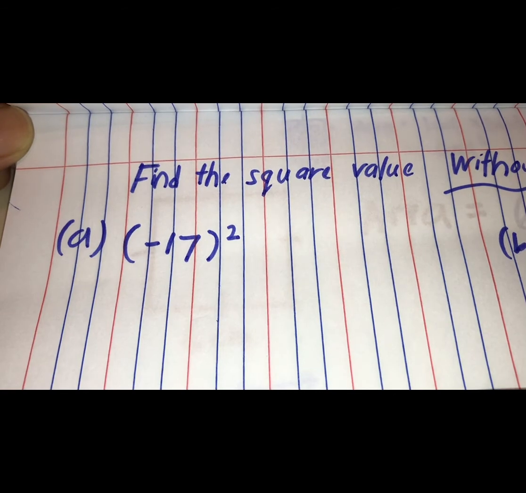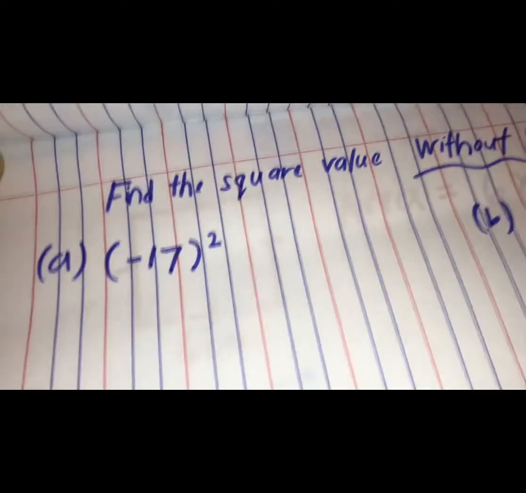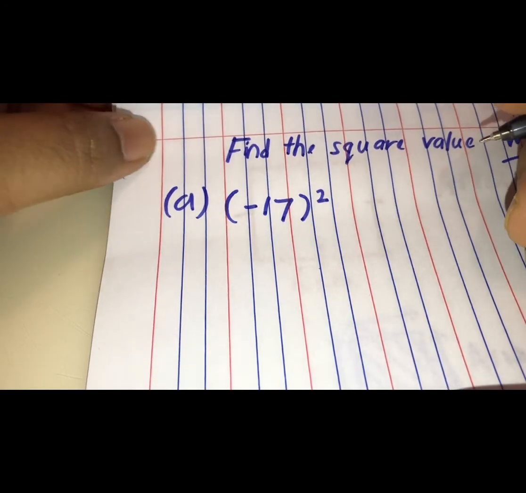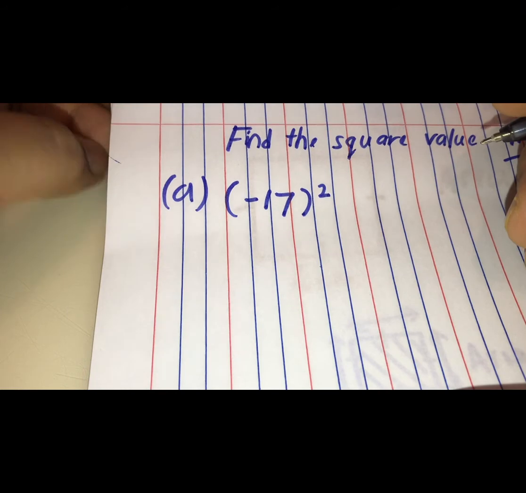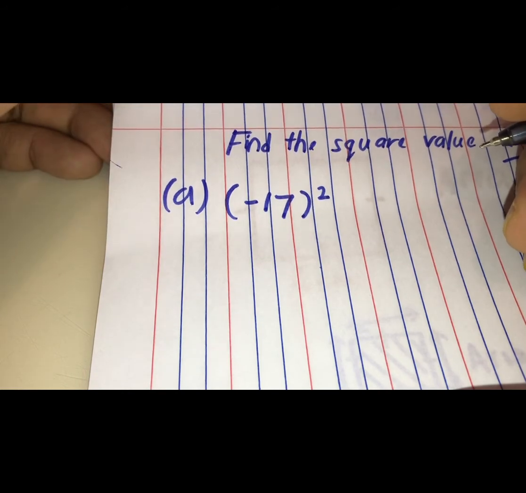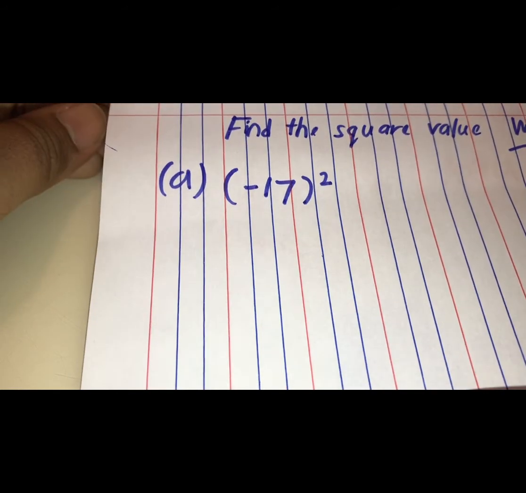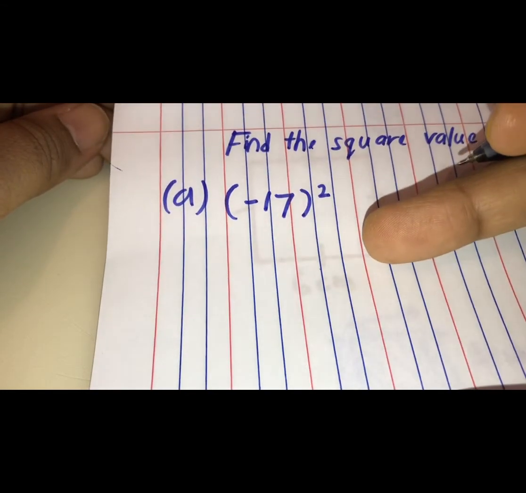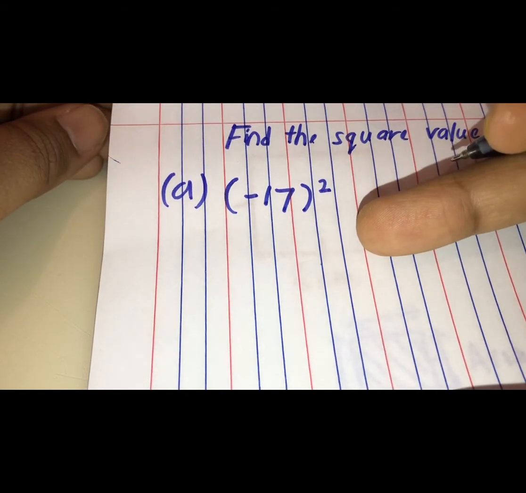Find the square value without using a calculator. Without using a calculator means you have to write the working. Let's say in your exam, you can bring your calculator, right? You can check the answer using the calculator, but when you write the answer, you must write the working. How to find negative 17 square?